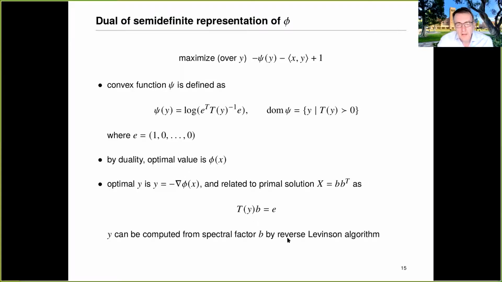And that is very much just the same Levinson algorithm but run in a backwards mode, and it also has an order n squared complexity. But the conclusion is that given the primal solution b, the spectral factor of the coefficients of the trigonometric polynomial, we can compute this dual solution by this reverse Levinson algorithm, and that gives us the gradient of phi.